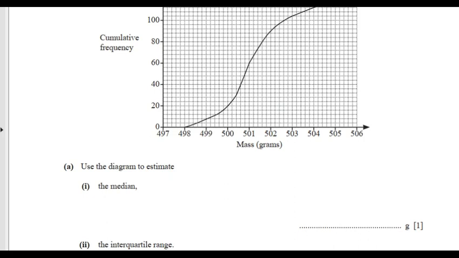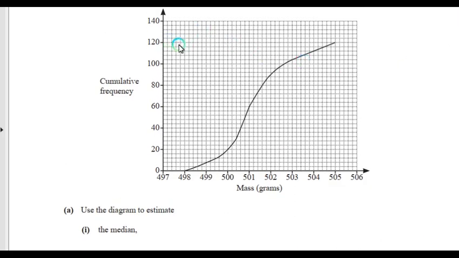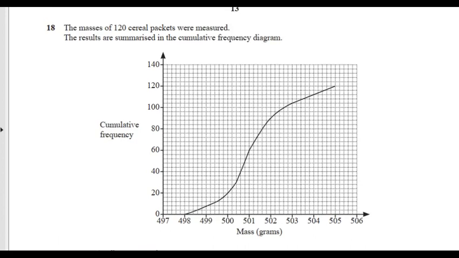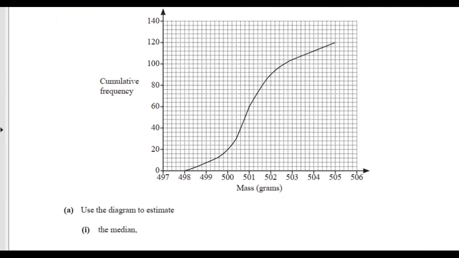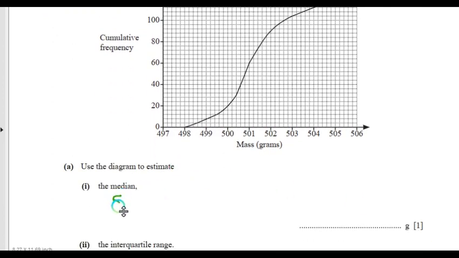Median is always in the middle, so there are 120 entries. You can see, 120 packets. So the median will be in the center, so it will be 50% of 120, and it gives you what? 60.